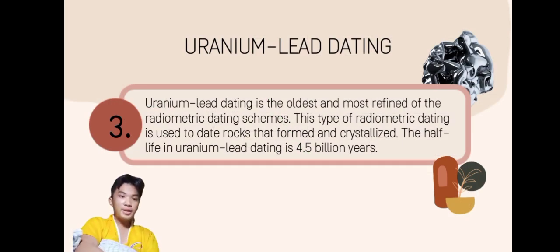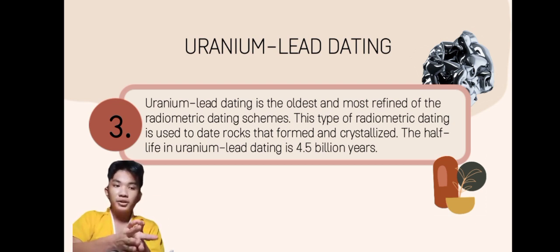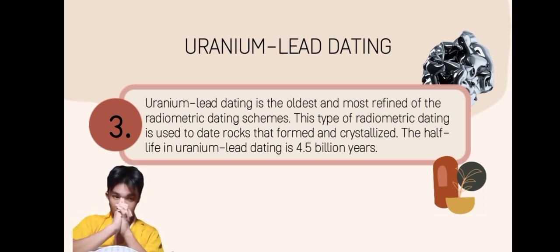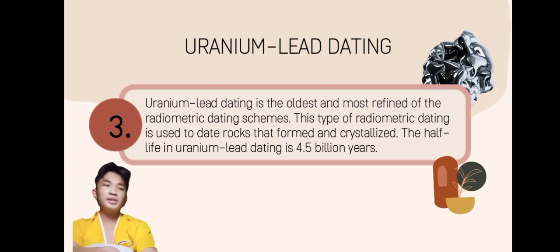So uranium-lead dating is one of the oldest and most refined of the radiometric dating schemes. This type of radiometric dating is used to date rocks that are formed and crystallized. The half-life in uranium-lead is 4.5 billion years.